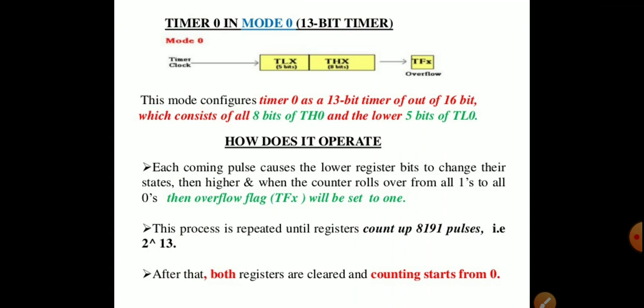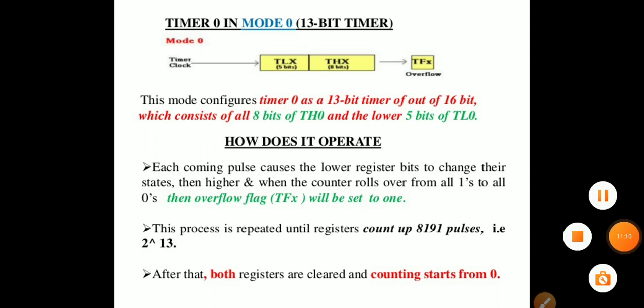How does it operate? Each incoming pulse causes the lower register bits to change their states, then the higher, and when the counter rolls over from all ones to all zeros, the overflow flag will be set to 1. This process is repeated until the register counts 8191 pulses, 2 to the power 13. After that both registers are cleared and counting starts from 0.